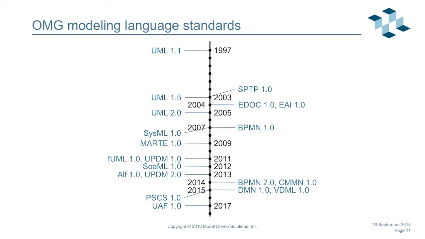At the same time, we had BPMN 1.0. Richard mentioned the business process model and notation. That actually came into OMG when OMG absorbed the Business Process Management Institute. Well, after this, things started to heat up. So that really kicked off a lot of work.